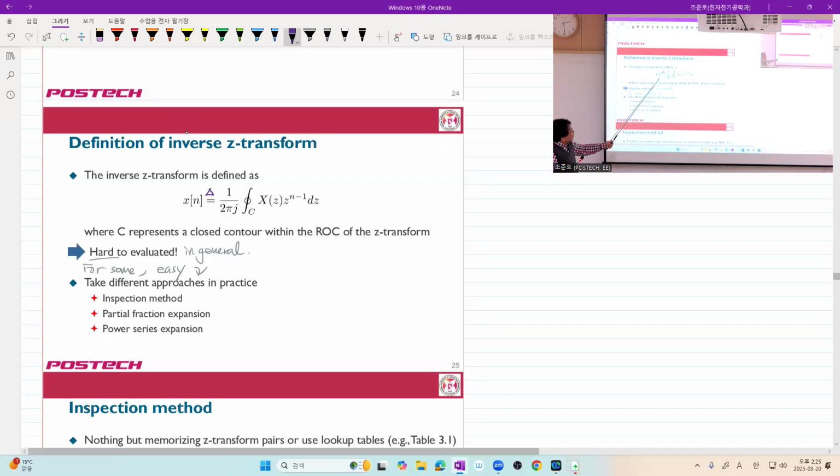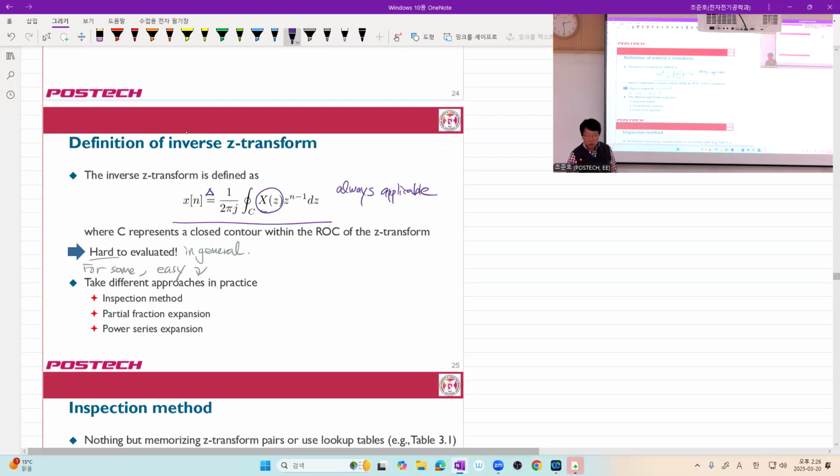Anyway, even though the definition looks horrible, fortunately, in many cases, not always, we love to use rational functions in Z for this one. So this is always applicable because this is the definition.